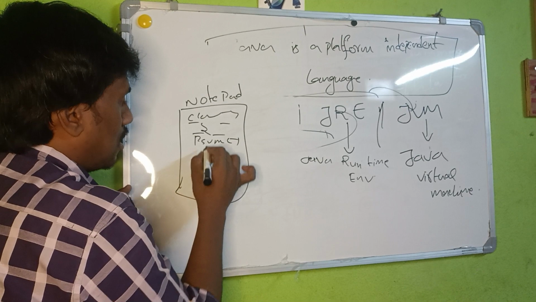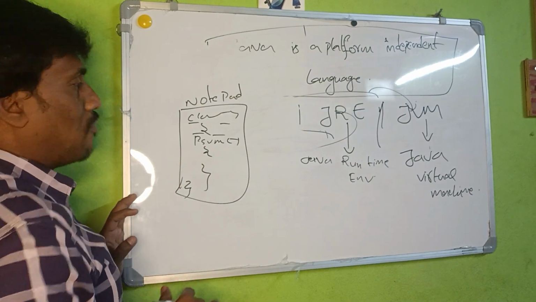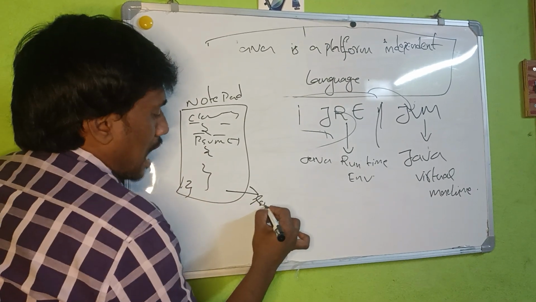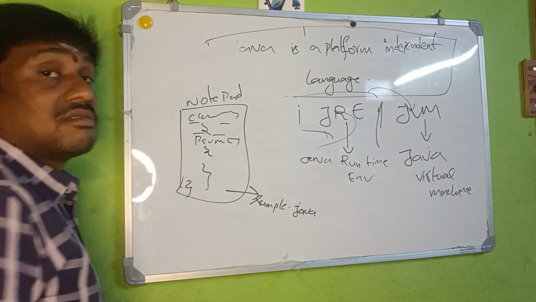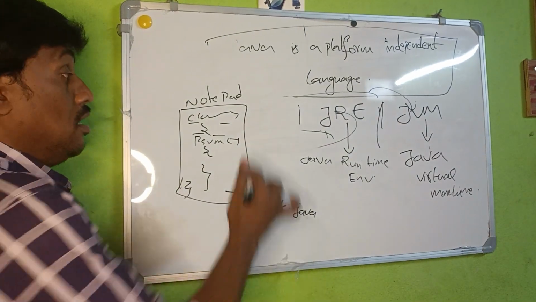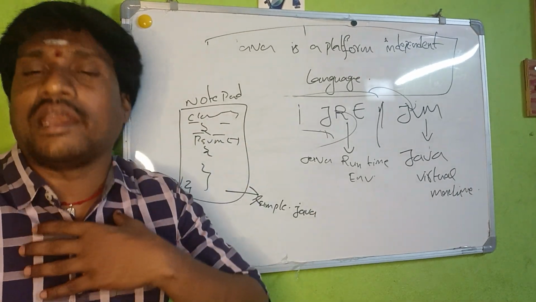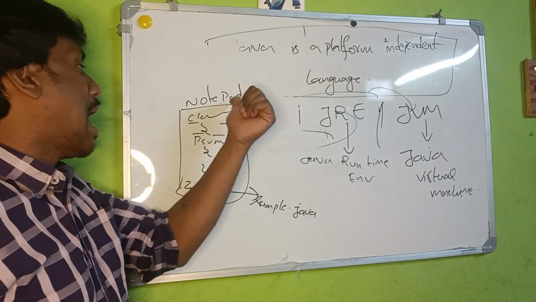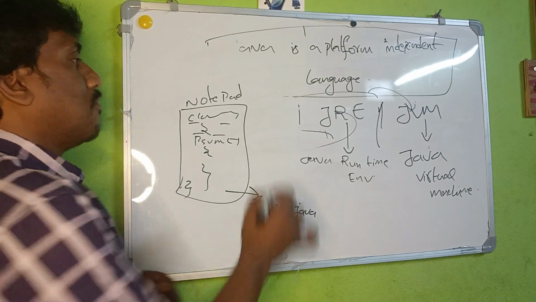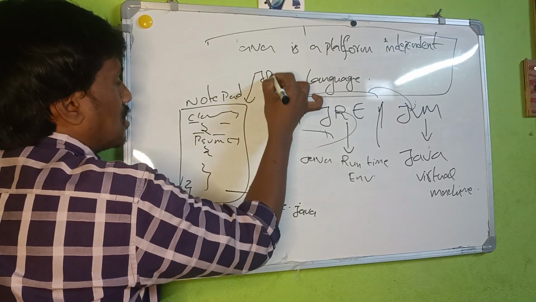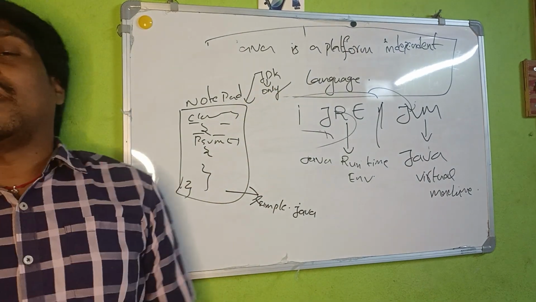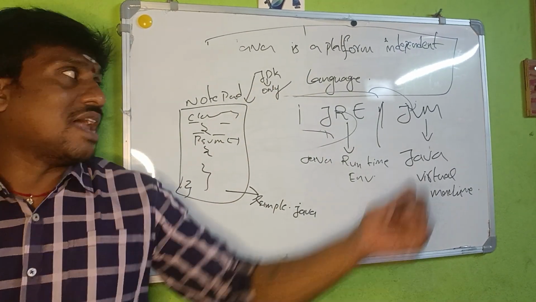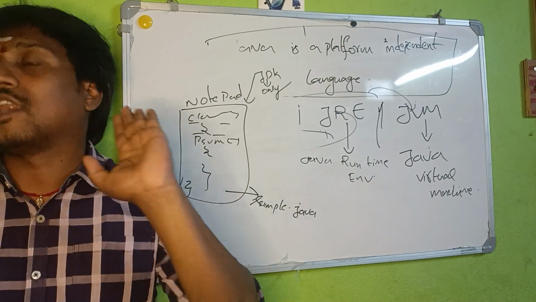This I will tell later. This is sample.java. Suppose my requirement is that I need to write a Java program inside my system, then definitely I need to install JDK only. Then when we need to install JRE, now I will tell.